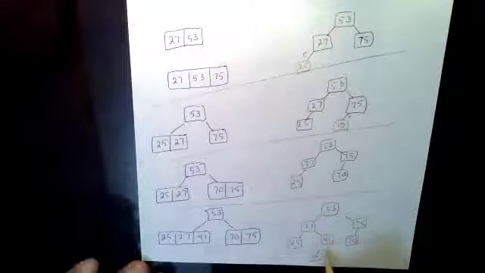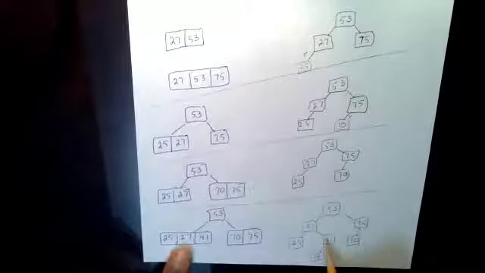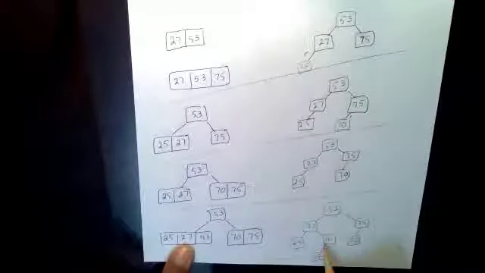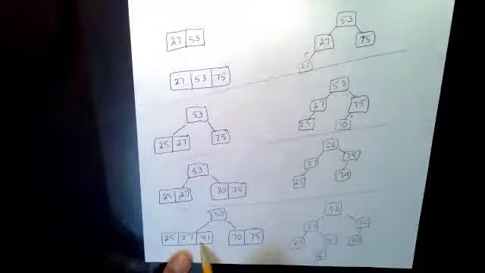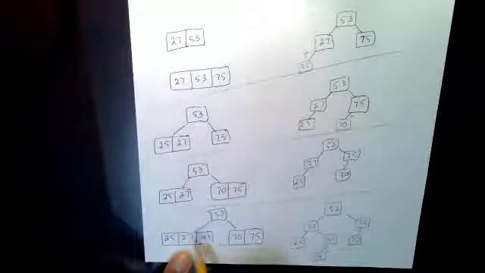And what basically happened here is 27, 41, and 38. What happened to the 27 when we did this? So when I added 38 to this guy right here, where did the 27 go?